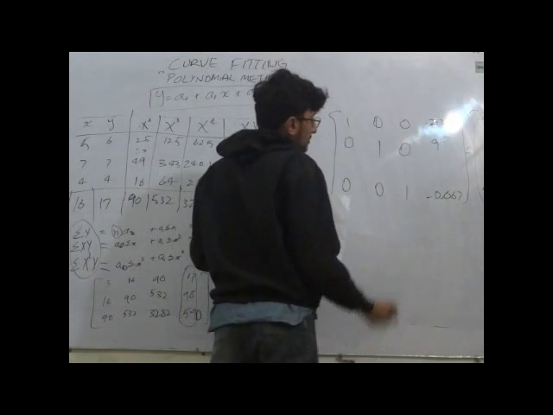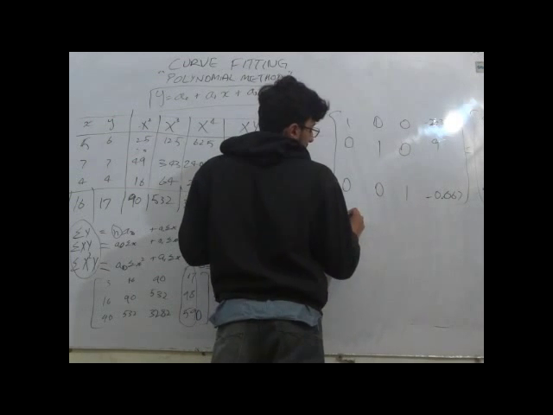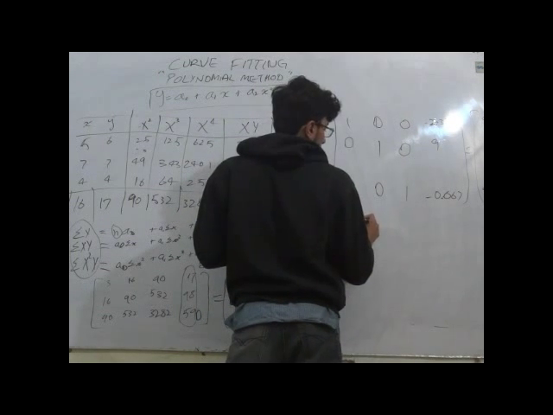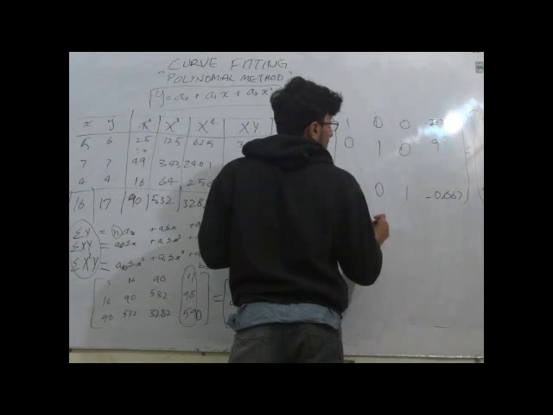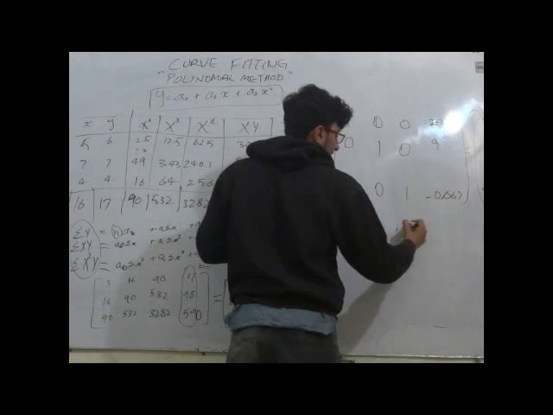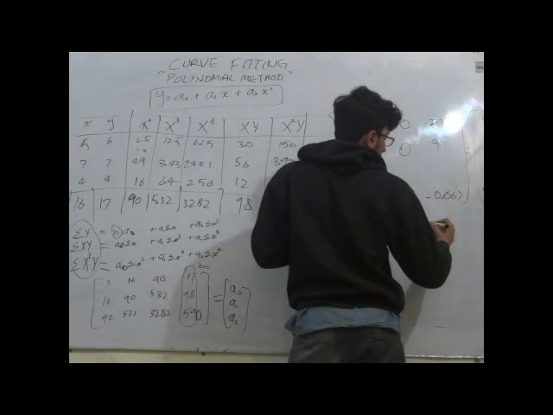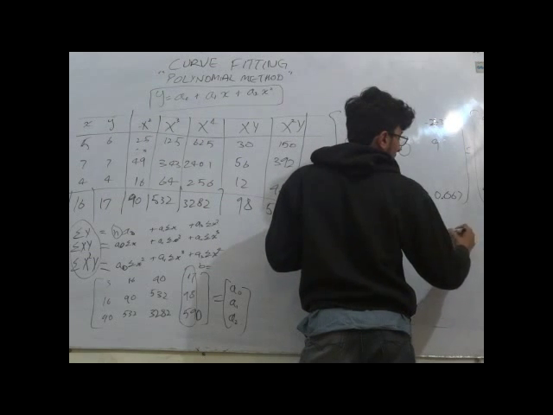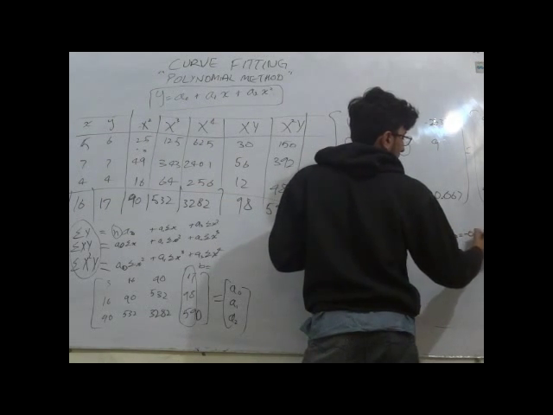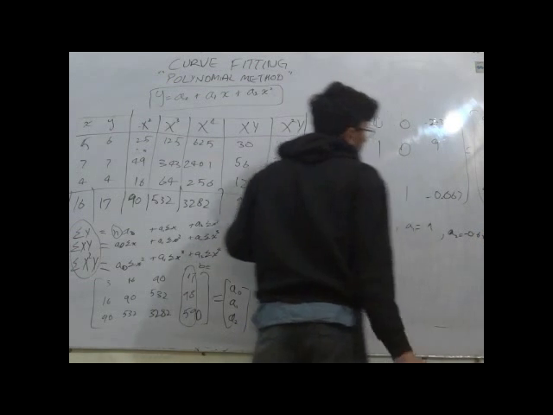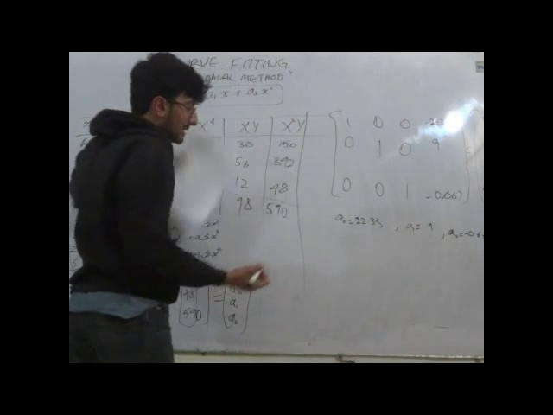Now it's very easy to read that a0 is equal to minus 22.33, a1 is equal to 9, and a2 is equal to minus 0.667. Now we can have our equation back.